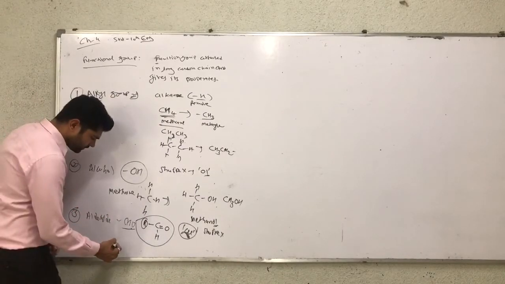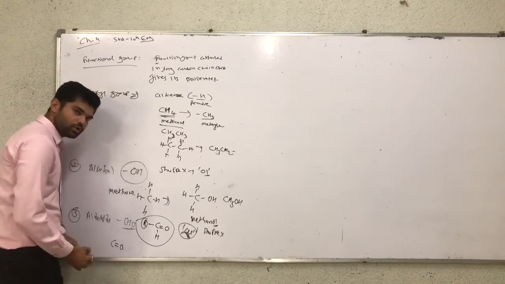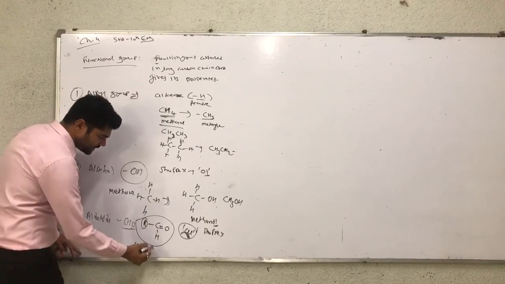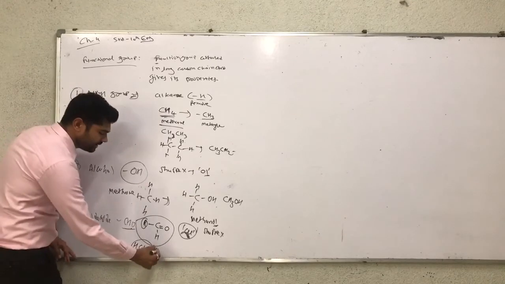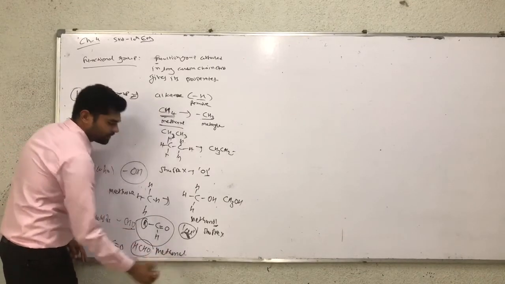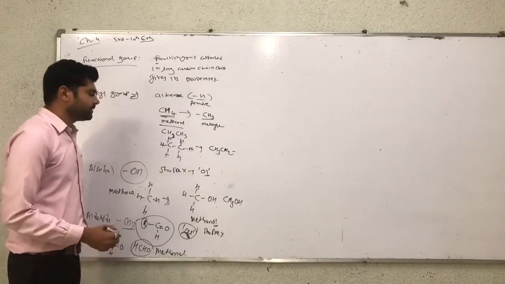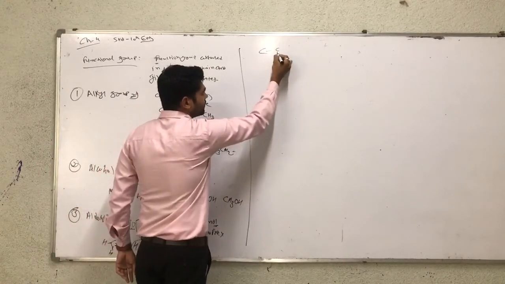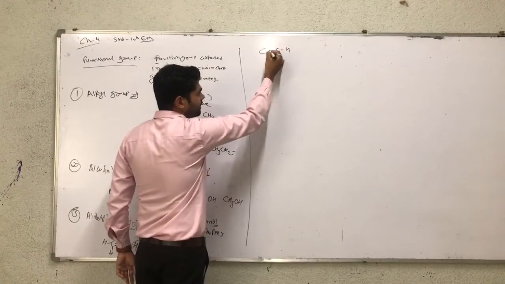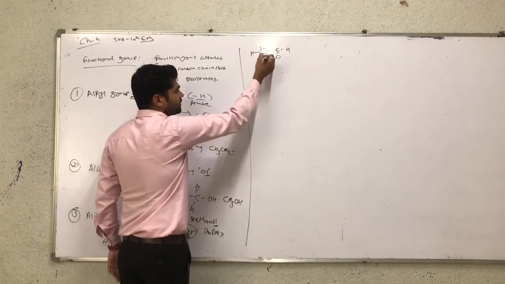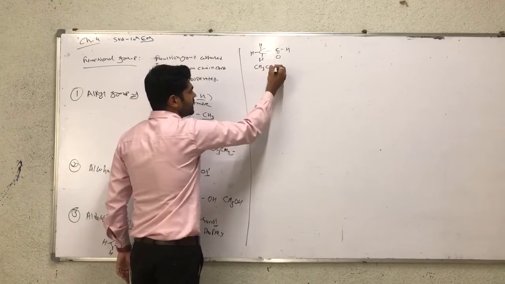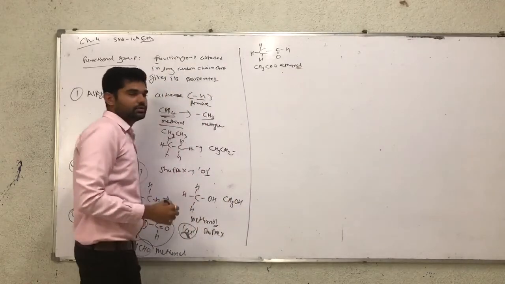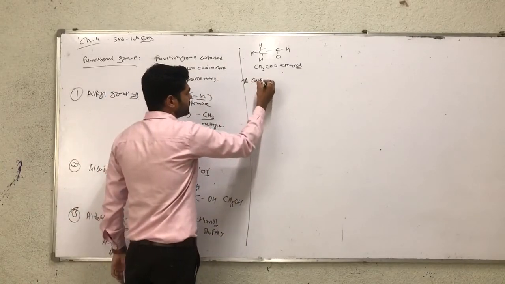It is converted into C double bond O with two H. This means HCHO and the name is methanal. In a similar way, an example of 2 carbon aldehyde: 1 and 2 carbon, double bond O with H. Here 4 valence is completed, so CH3CHO, name is ethanal, AL suffix included.